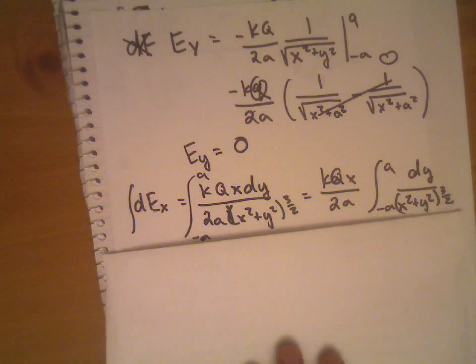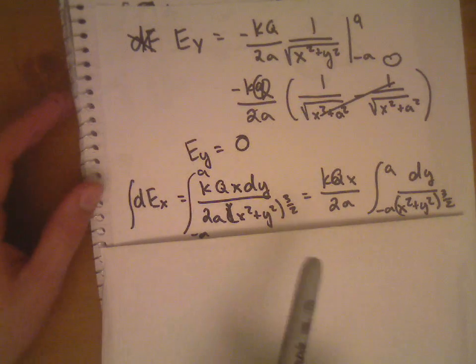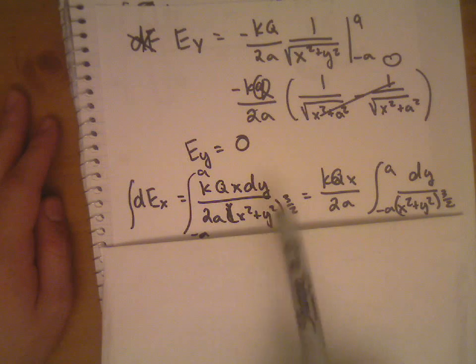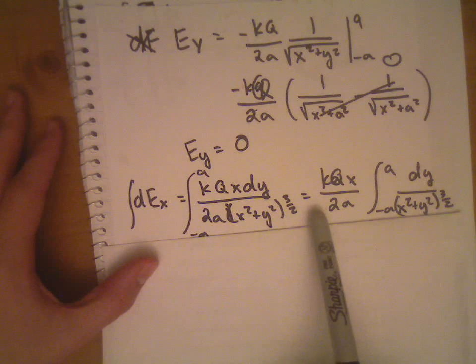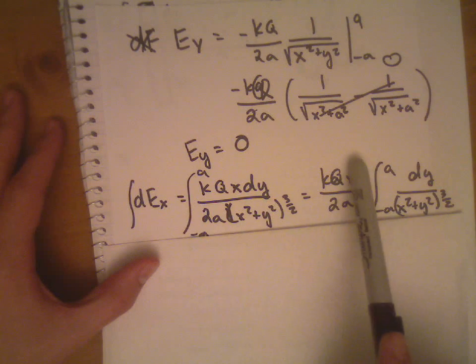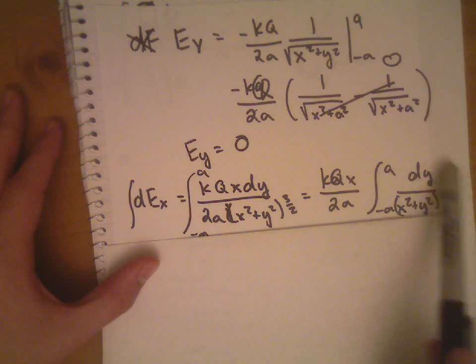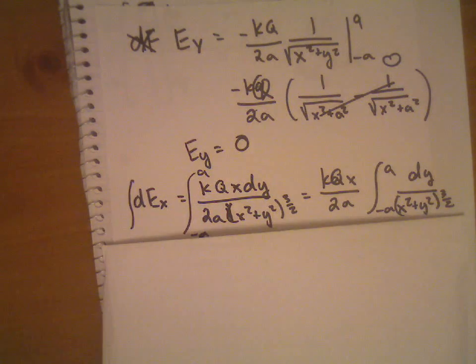And continuing on, here's the electric field in the x direction. Nothing new, just kqx dy over 2a times (x squared plus y squared) to the 3/2. This portion is again a constant, and then this one again is an integral. This integral is a bit more complex, and you won't need to know how to integrate this specific form on the AP exam, so don't worry too much about it.